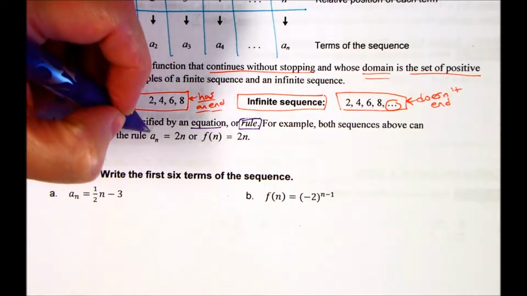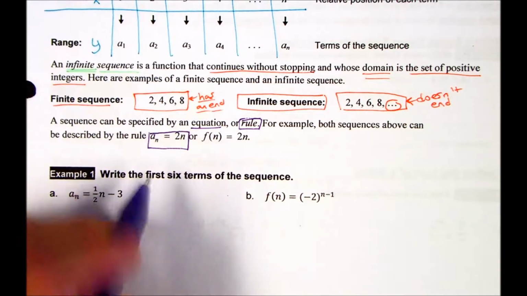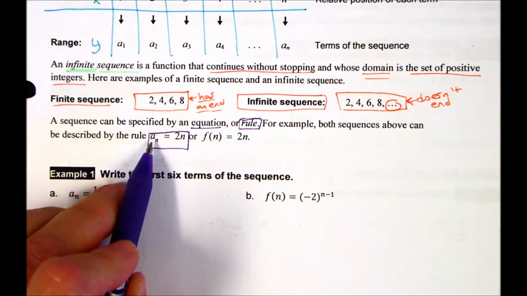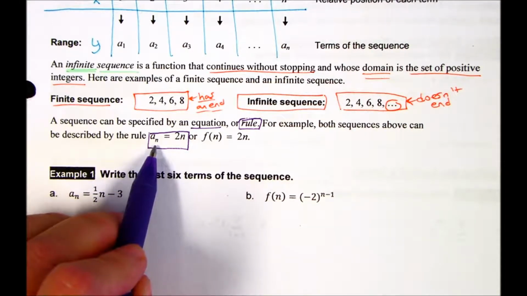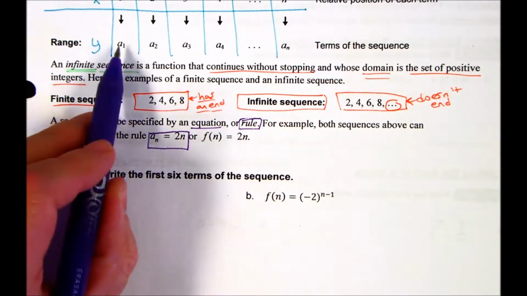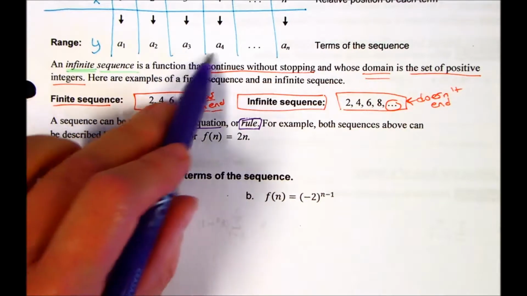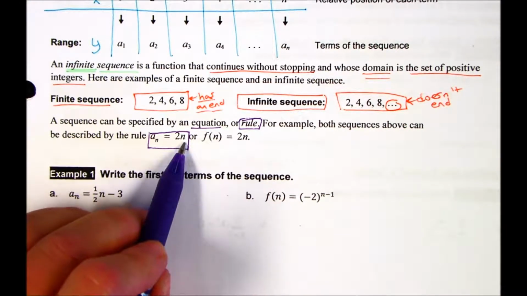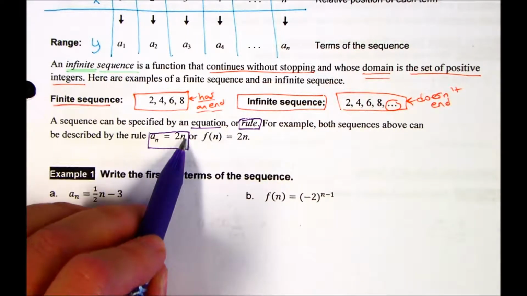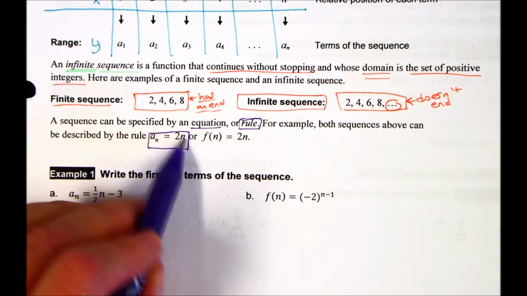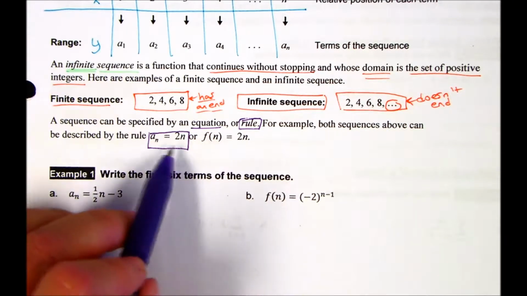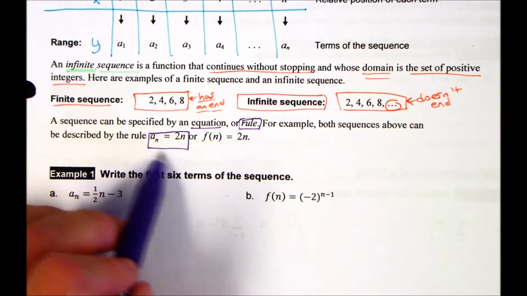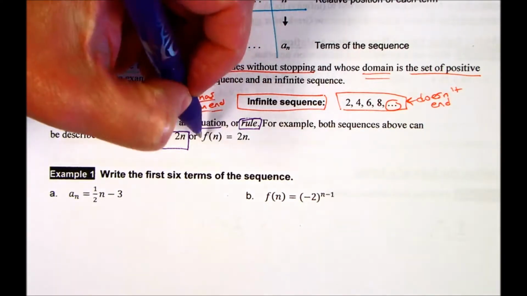We can write the rule as a sub n, which is sequence notation, where the n represents the place value, so like the first term, second term, third term, fourth term, and it's also representing the number that you're plugging in for n. So if n is 1, you're going to get 2. If n is 2, you're going to get 4. If n is 3, you're going to get 6, and so on. So this is one way of writing the rule or the function.